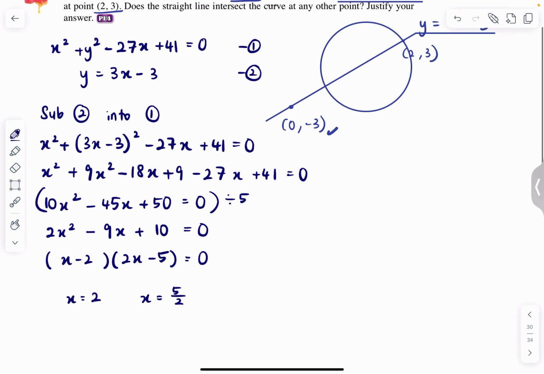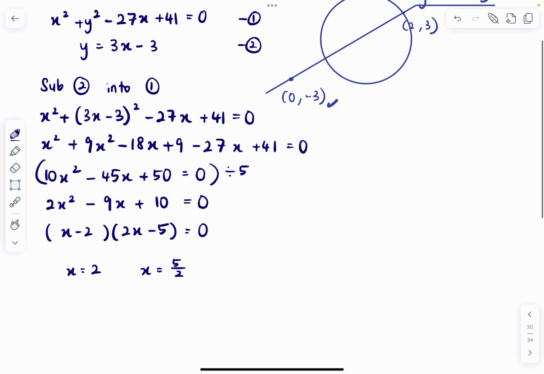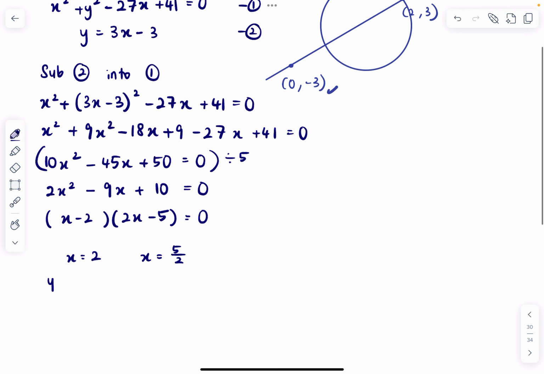Alright, so we already got the x value. Now we need to find y. Just sub it in here. So y will be 3x minus 3. So 6 minus 3 is 3.